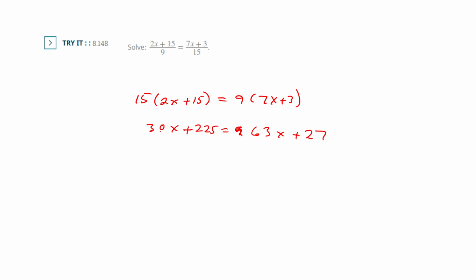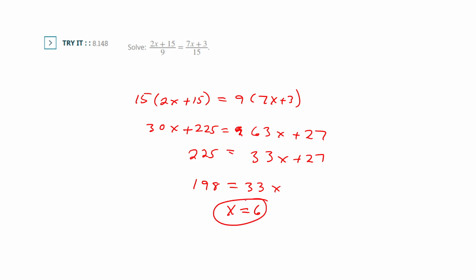Okay, now I'm going to get my x's together. So I'm just subtracting 27 from both sides. All right, is this going to divide evenly? How about that? It does. And x is 6.